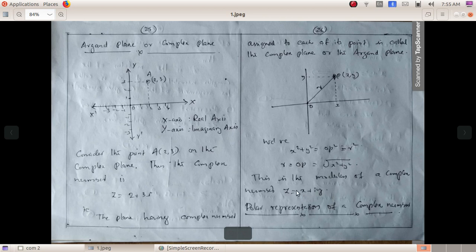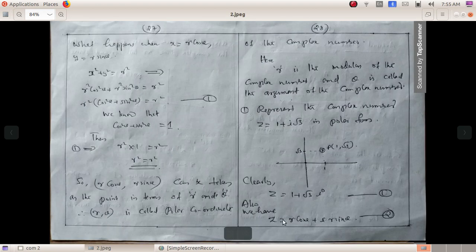So z equals r cos theta plus i r sin theta. This is the polar form of a complex number, where r is the modulus of the complex number and theta is the argument of the complex number.